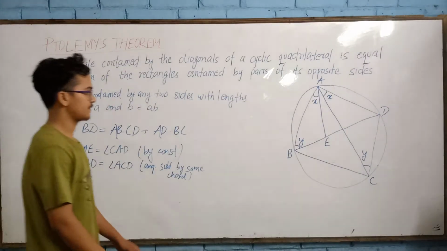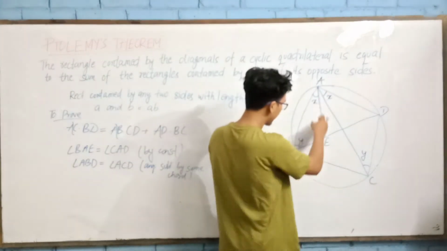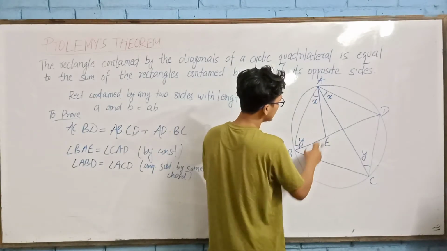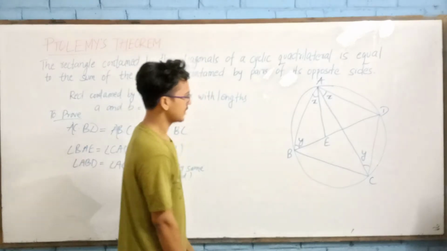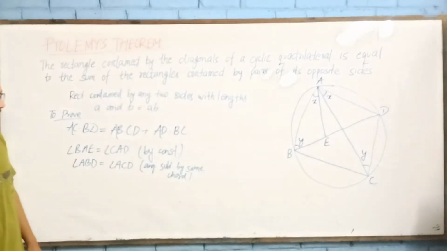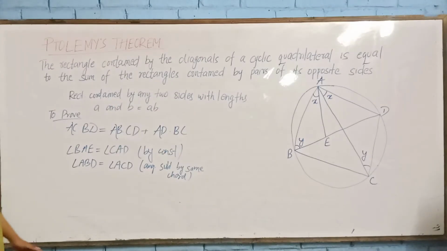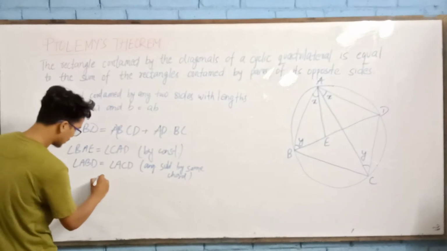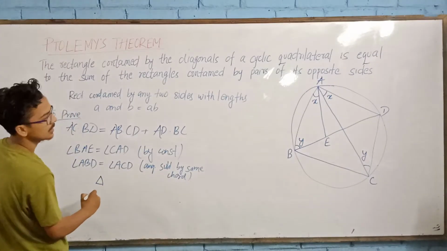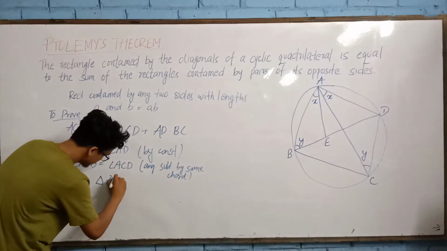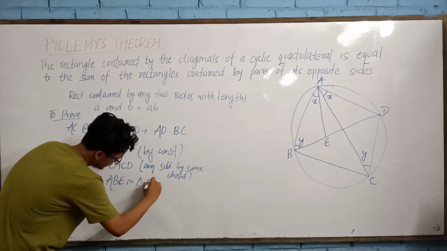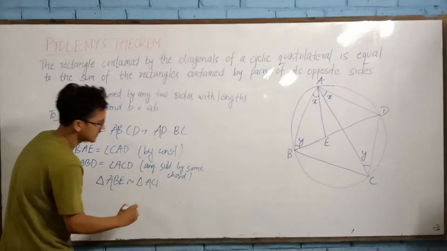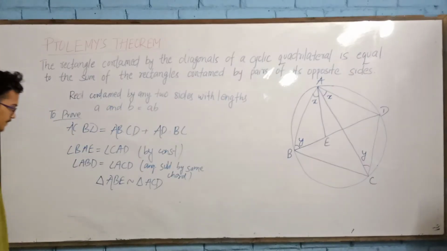So now if we consider these two triangles, triangle ABE and triangle ACD, then clearly these two are similar via the AA similarity criterion. So we have triangle ABE similar to triangle ACD.